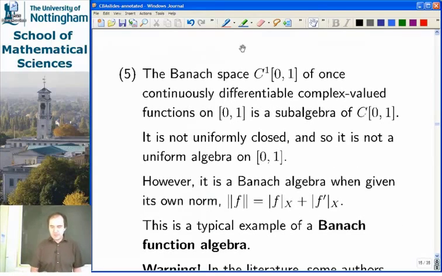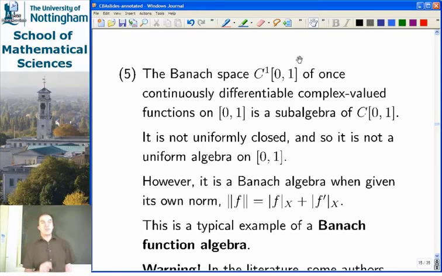Here's another Banach space we used earlier. This time you mustn't use the uniform norm. We noticed earlier that this one wasn't complete with the uniform norm. So it's once continuously differentiable complex valued functions on the unit interval, as usual, with one-sided derivatives at the endpoints. When you differentiate your function, you ask for one-sided derivatives at the endpoints and the usual derivatives in the middle.